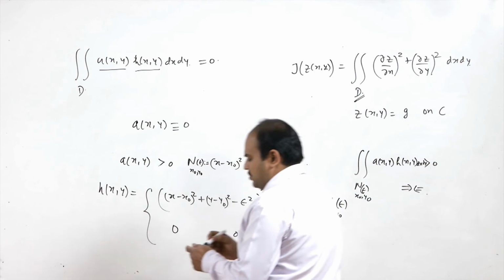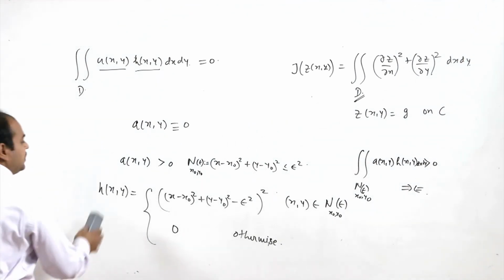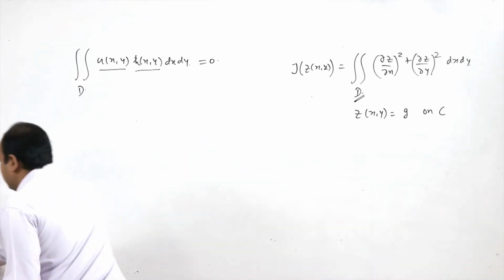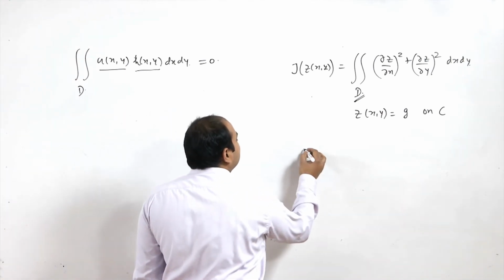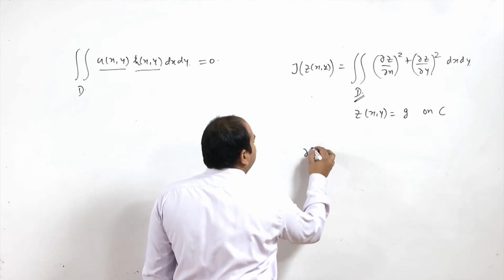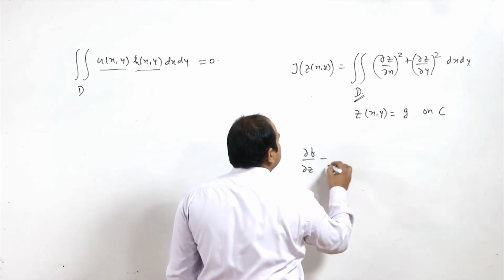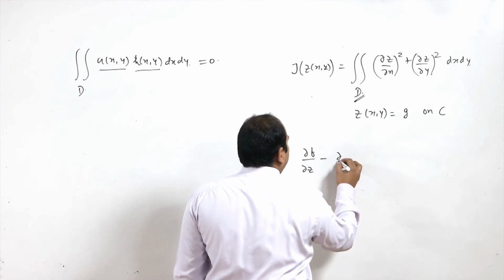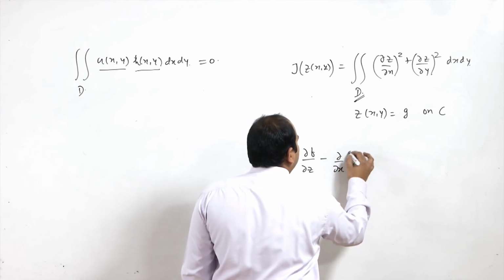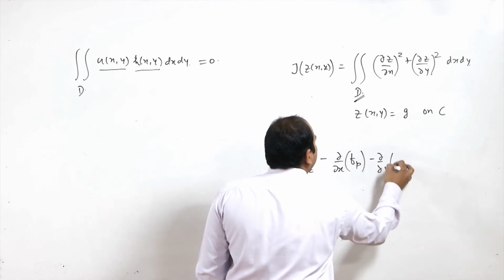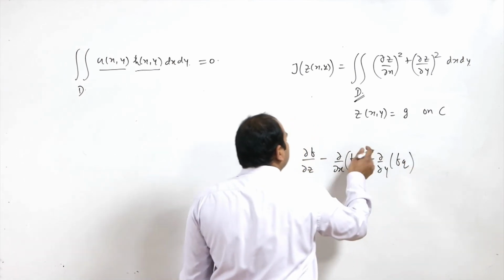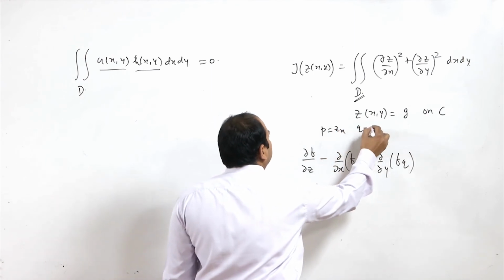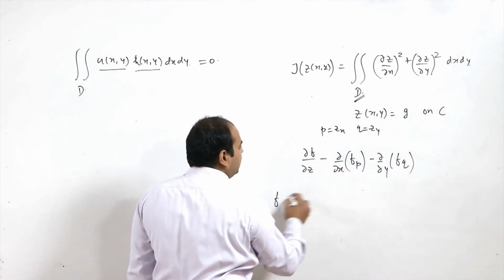So when you find the Euler-Ostrogradsky equation for this, it is coming out to be: ∂F/∂z minus ∂/∂x of Fp minus ∂/∂y of Fq, where p and q are basically zx and zy, is equal to 0.